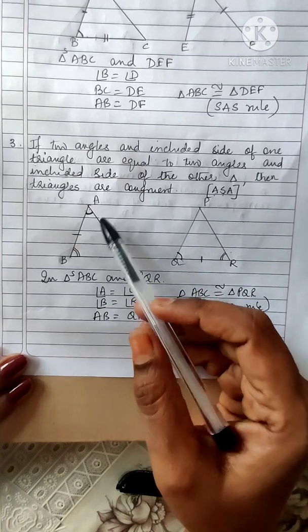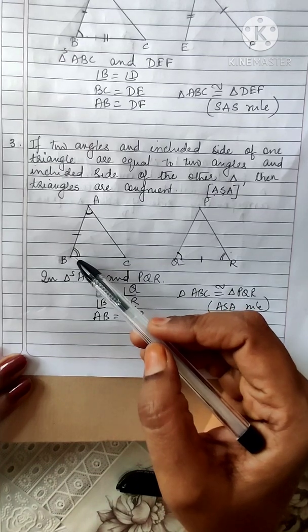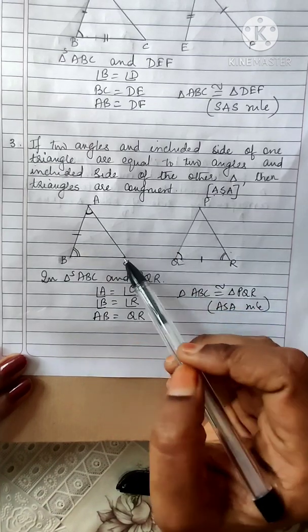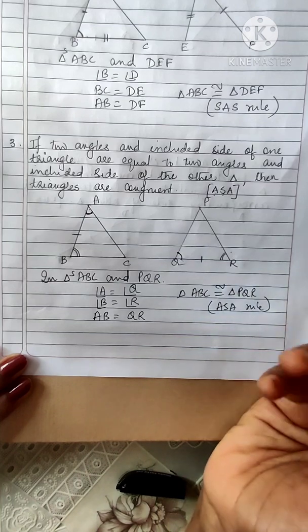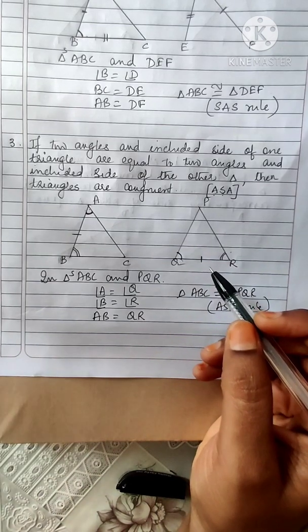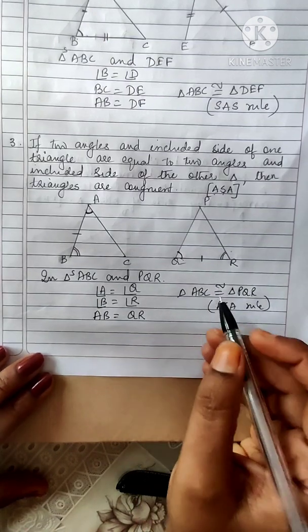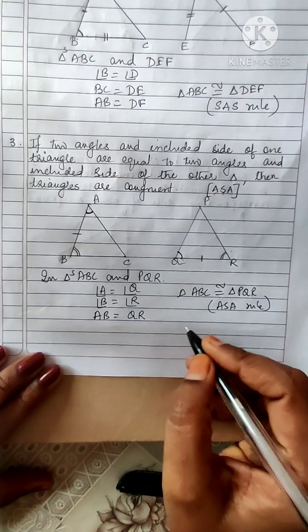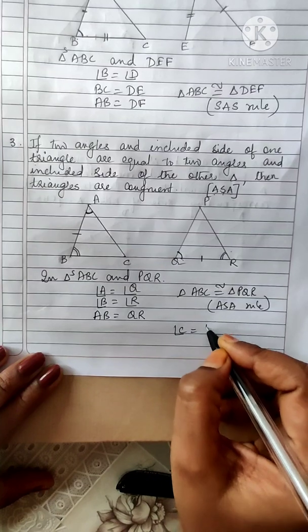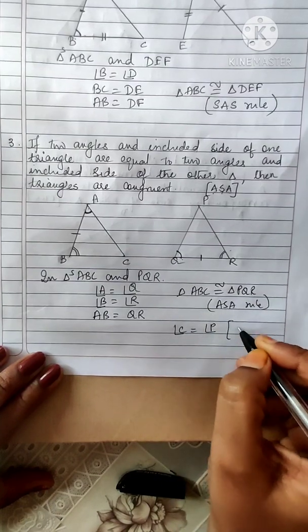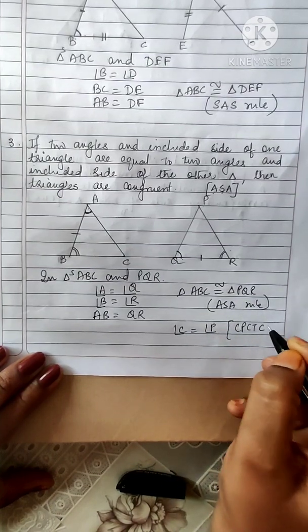Now when two angles of a triangle are equal, obviously the third angle will also be equal because the sum of the angles of a triangle is equal to 180 degrees. So here you can write angle C will be equal to angle P by CPCTC.